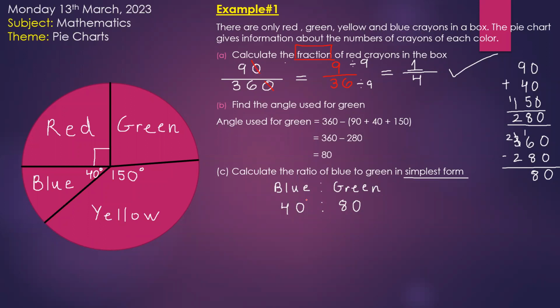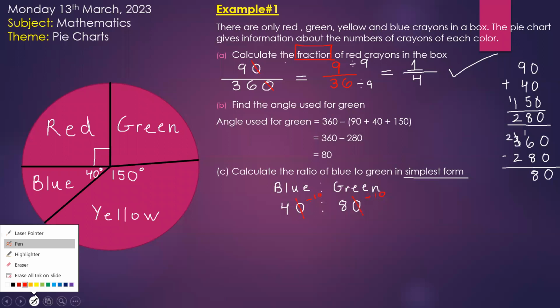Yeah, we could divide by 10. So when we divide by 10, what could we cancel out? The zeros. If we divide by 10, 40 divided by 10, all we need to do is cancel out the 0. 4. And cancel out this 0. So we are left with 4 to 8.